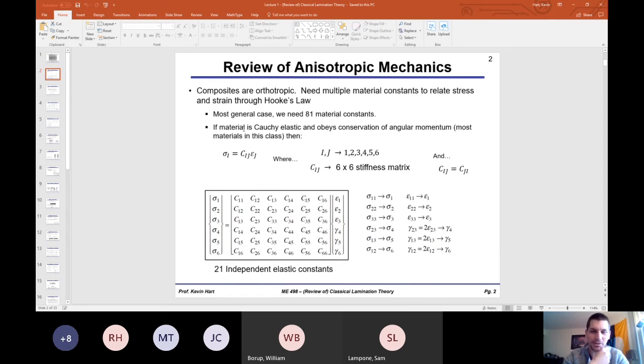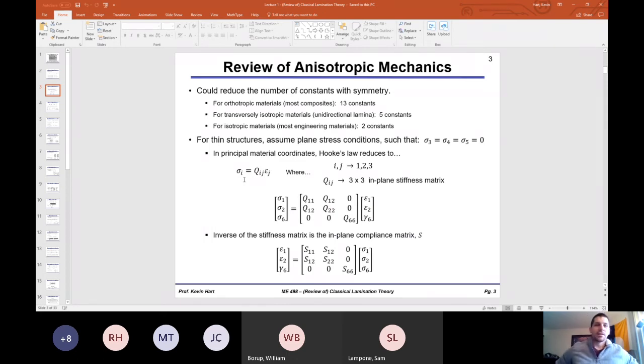We can create a 6x6 stiffness matrix that gives us only 36 material constants. If the stiffness matrix is symmetric, that reduces to 21: the 6 along the diagonal, and the 15 above or below it. So this is our general review of the stiffness.